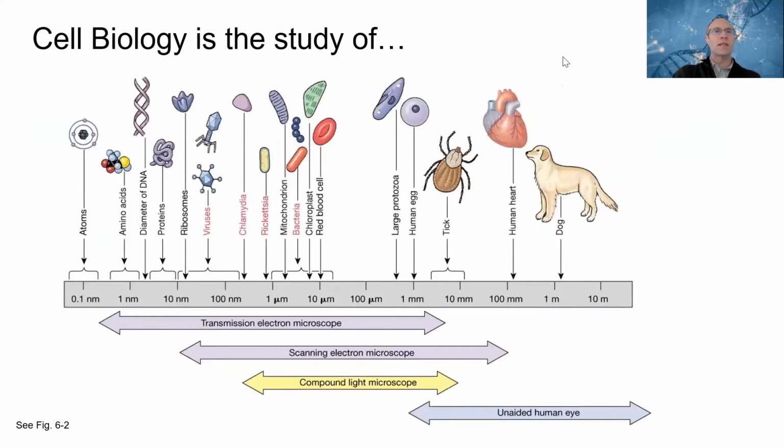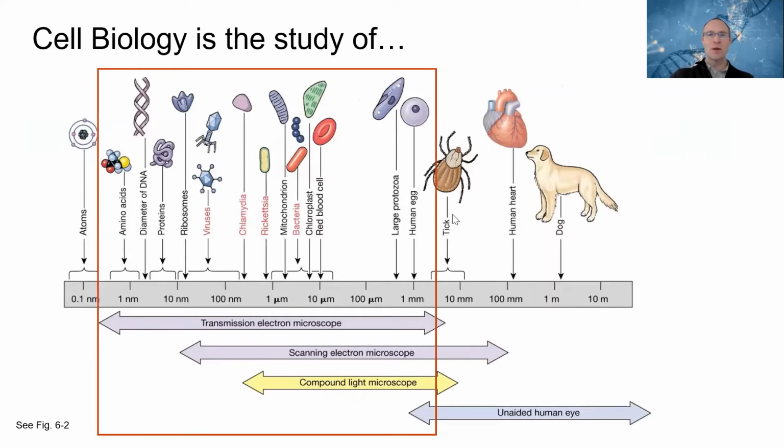Here's a little diagram showing the size of things, and I have something I want to share with you in a moment, a little tool on the internet that's very cool. On the right side, they're showing things that we can see with our eyeball, and most of cell biology actually falls into this category in this box here.